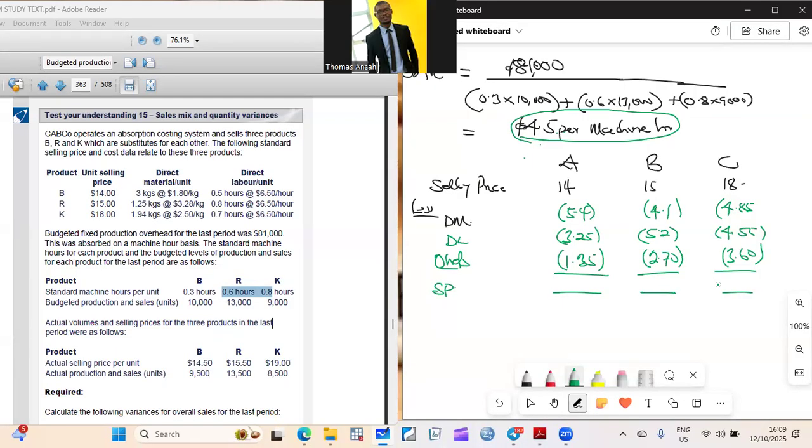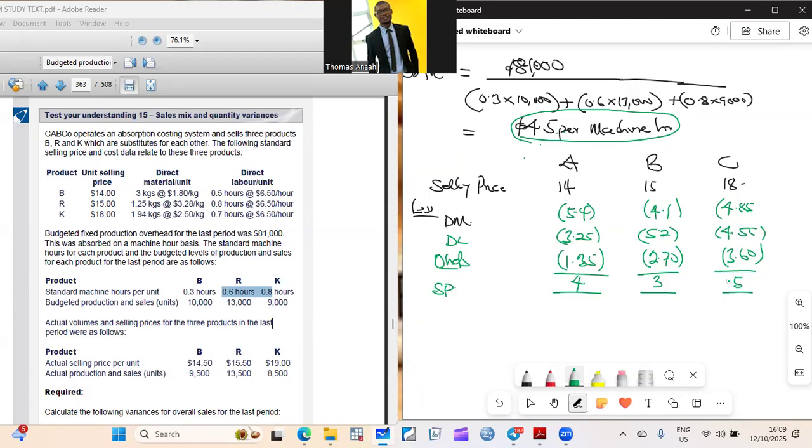So you've gotten your SP. B is 3. A is 4. C is what? 5. All right. So that is the SP, the standard profit. Because it's absorption, we call it standard profit.